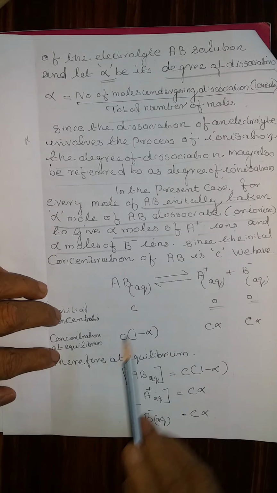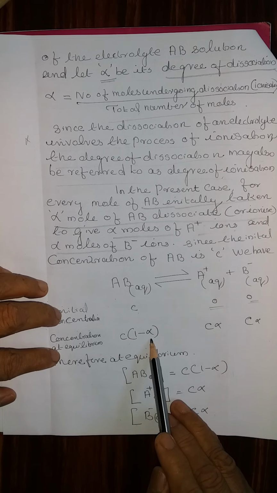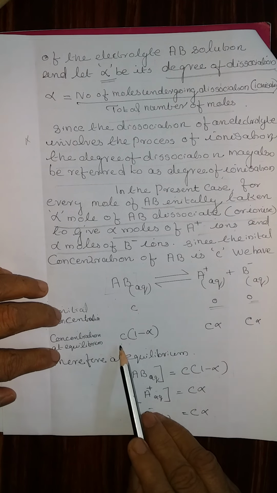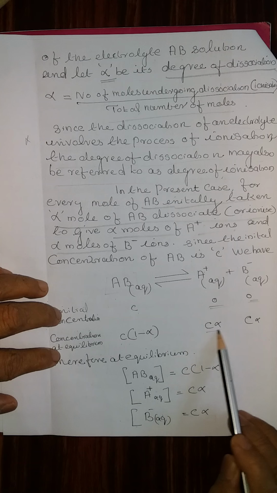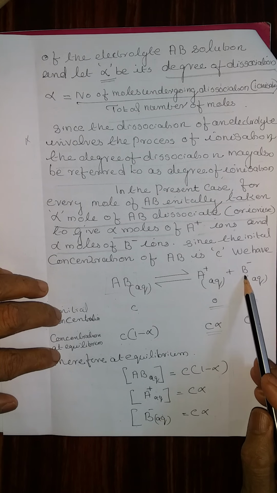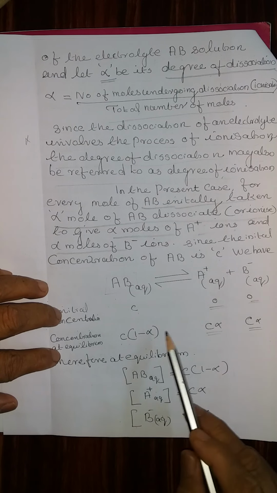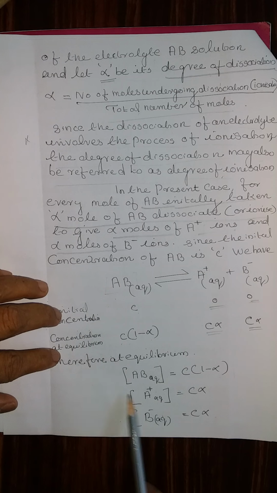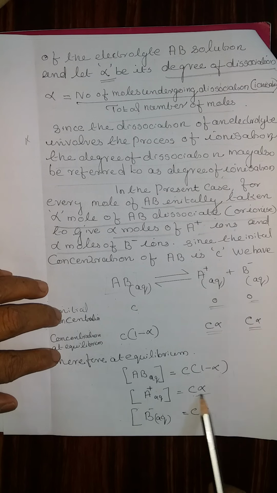Concentration at equilibrium: since C is the concentration and we consider only 1 mole, alpha is the degree of dissociation, the concentration of AB can be represented as C into 1 minus alpha, whereas the concentration of A plus ions is equal to C alpha and the concentration of B minus is equal to C alpha.